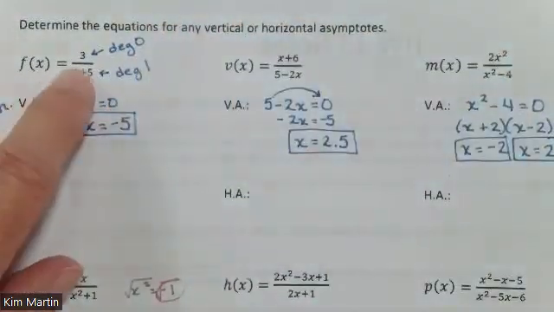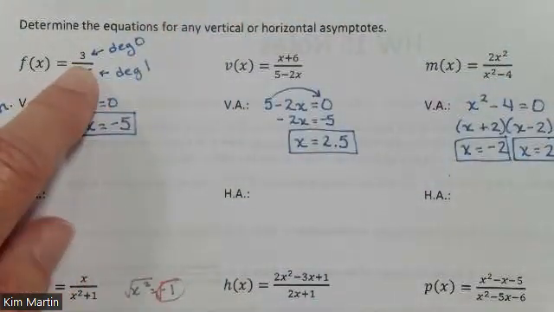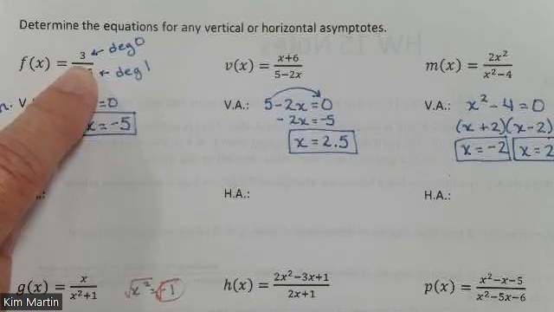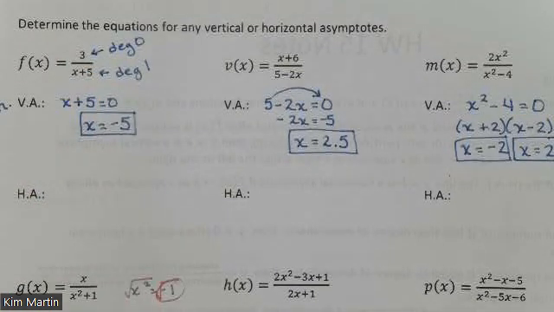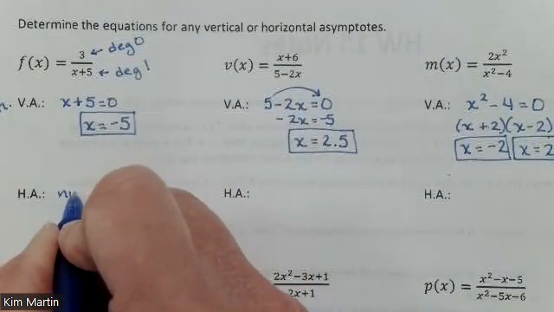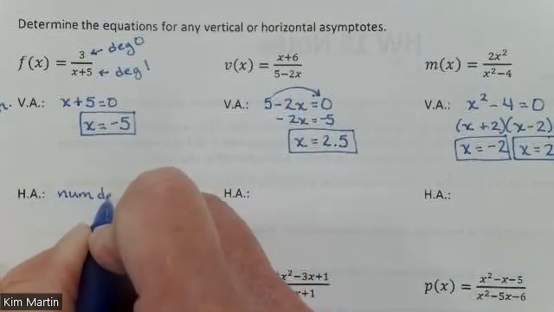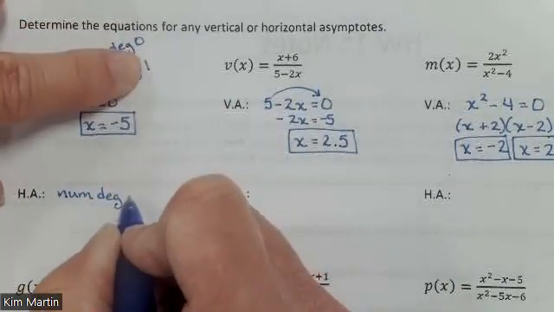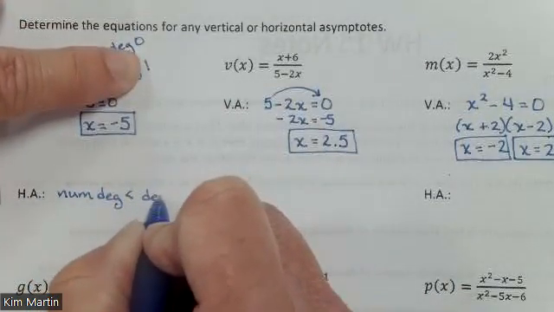Now, I will say this. Some of you are going to mess up right here because you don't know the degree. It would be 3x to the 0 power, but anything with 0 power is 1, so we don't write it. So here's what we're going to do. The numerator degree is less than denominator degree.